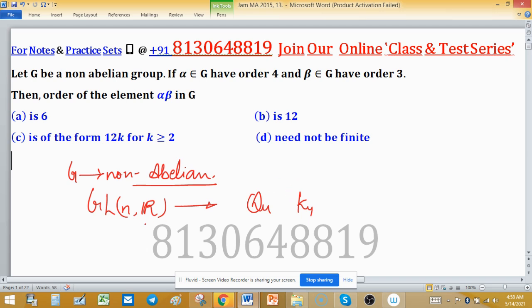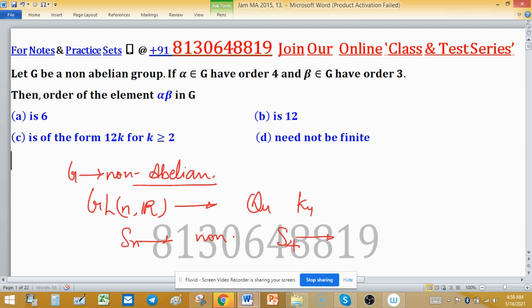You can consider Sn also, the symmetric group of n symbols. This is also non-abelian. So these are the examples our mind thinks about for non-abelian groups. This is very large, so you can restrict to the symmetric group over 4 symbols.